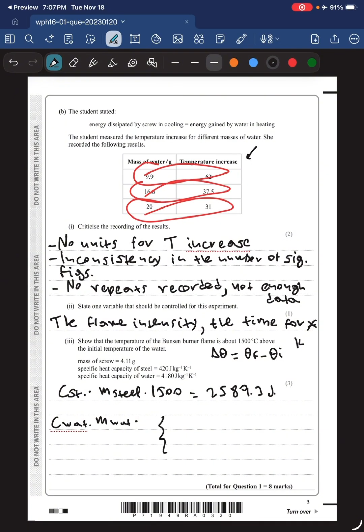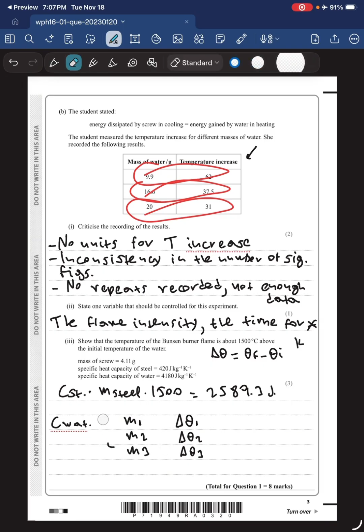So times delta theta 1, delta theta 2, and delta theta 3. Actually, now that I think about it, we also need to write M1, M2, M3. This is confusing, so let's write it all down.